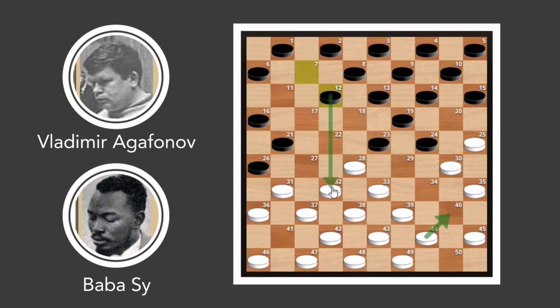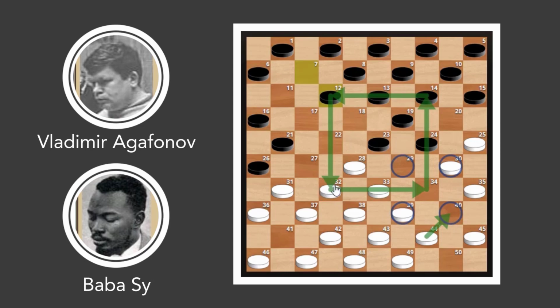Again, if we draw the square, we see that the vertex here has 29, 30, 40, 49, 39. So we can move to 40 to take control of this vertex here. Because as I said, the position needs to be balanced.